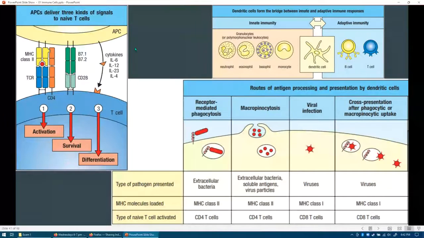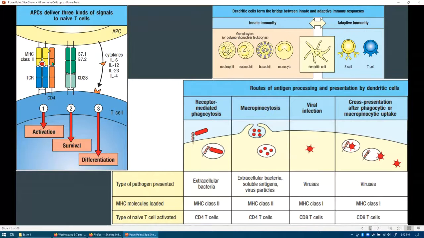So T cell activation looks a little bit like this. You've got a dendritic cell on the top and a T cell on the bottom. Signal 1 is the specific peptide loaded into MHC. We're looking at the activation of a CD4 positive T cell here. CD4 positive T cells have a T cell receptor that recognizes a peptide that has been loaded into MHC2.